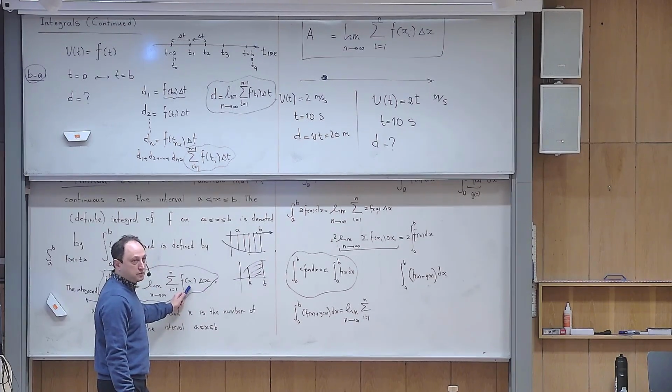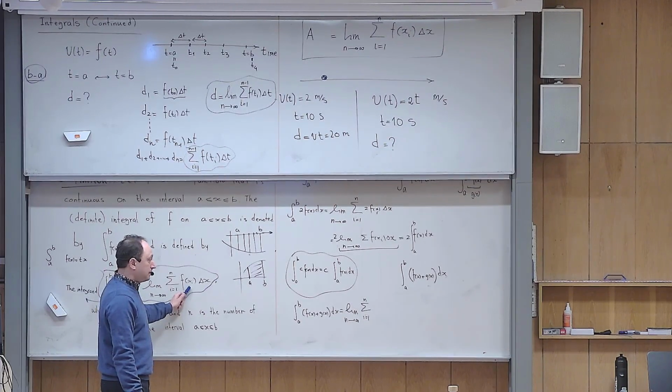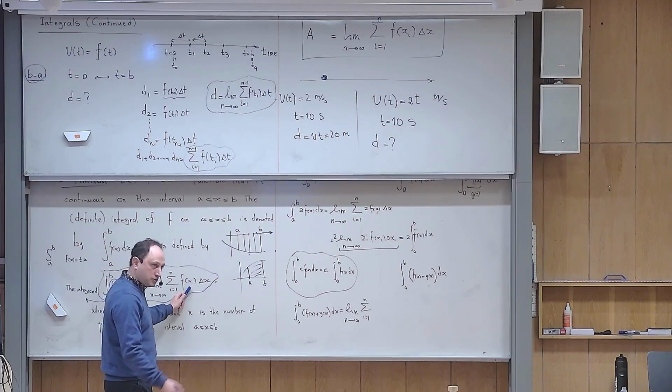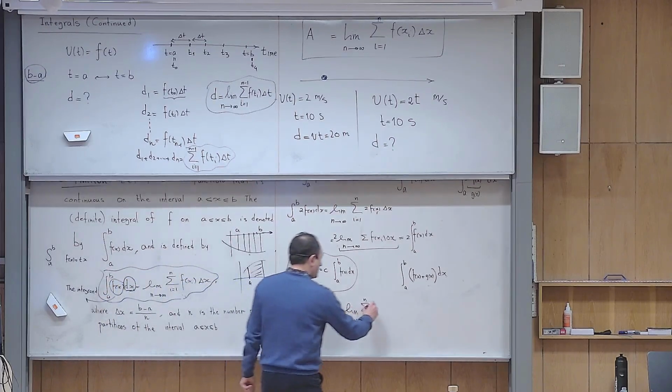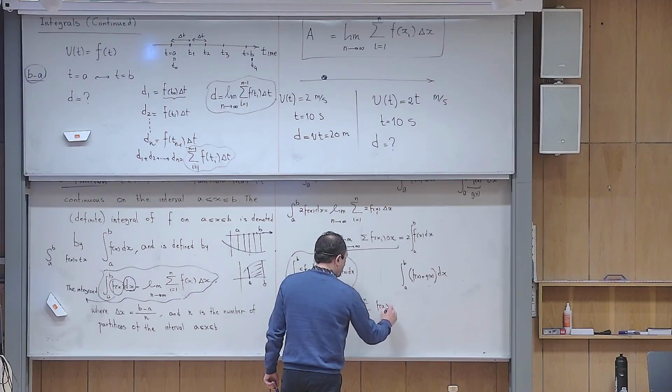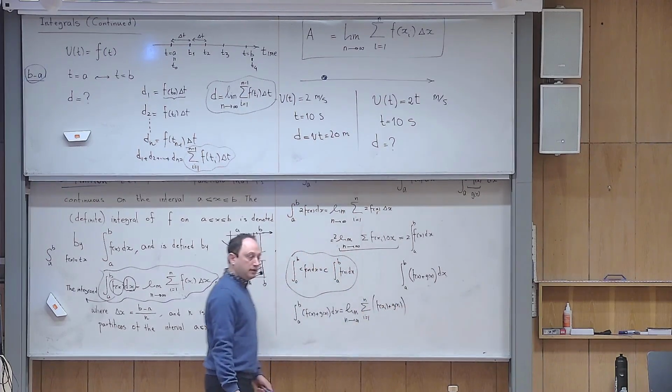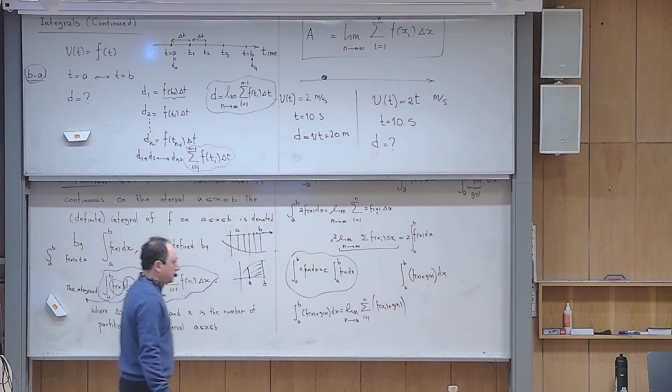What should I write in front of sigma? f of xi plus g of xi. So this becomes f of xi plus g of xi, and then multiplied by delta x.